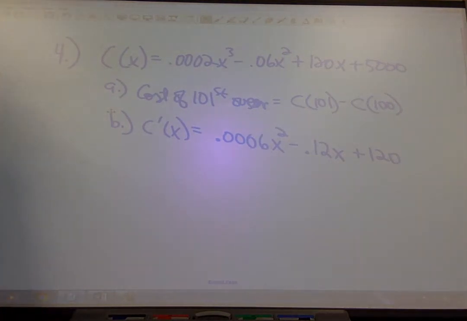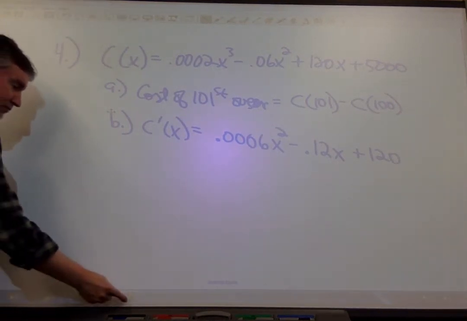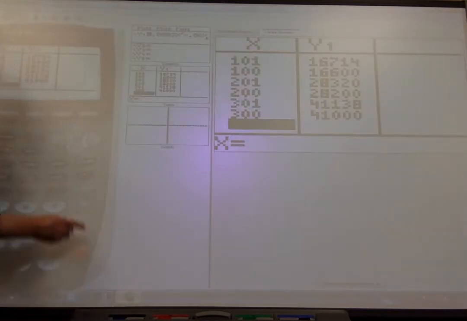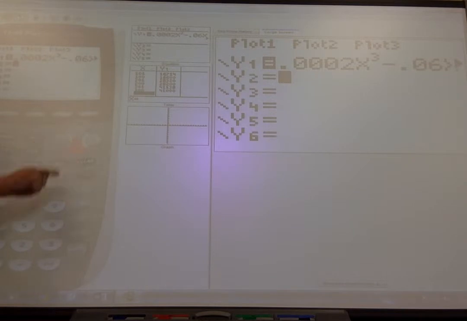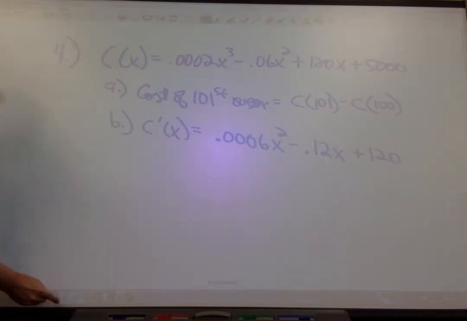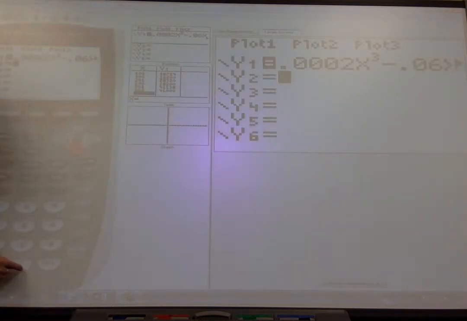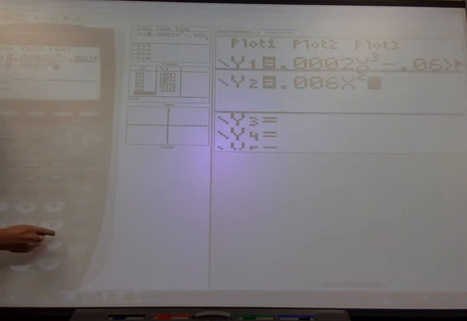What if we go back to our calculator and enter that, and we say y equals, that was 0.0006x squared, and what was the rest of it?